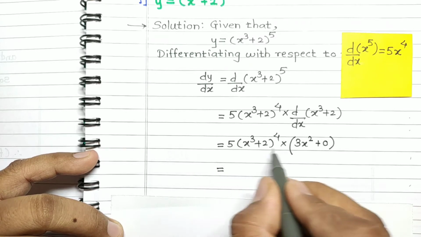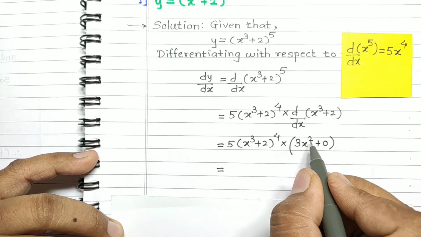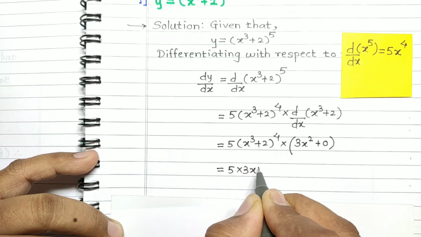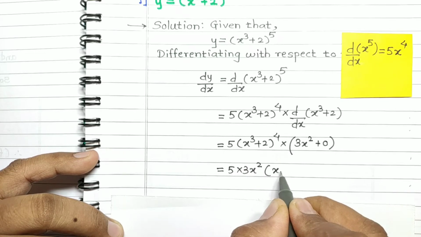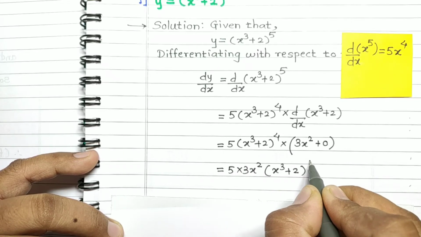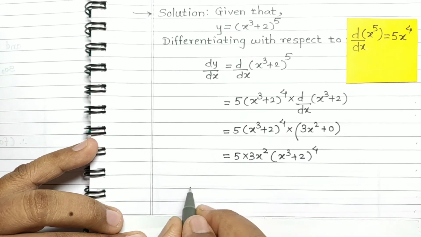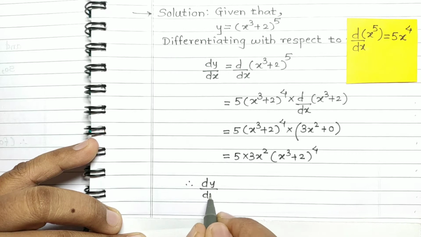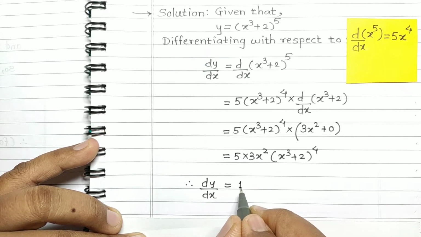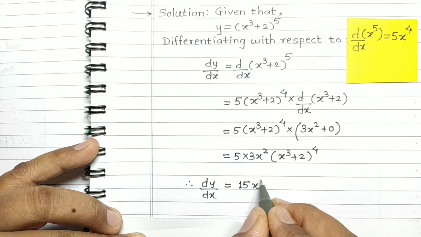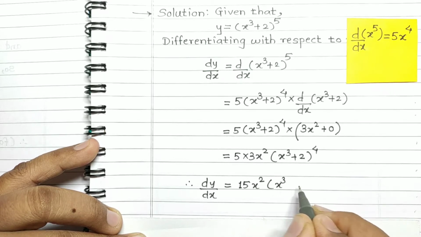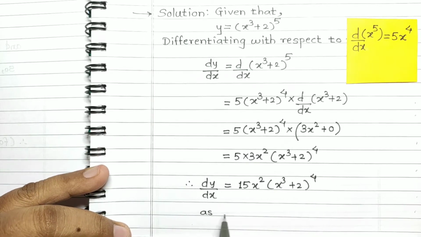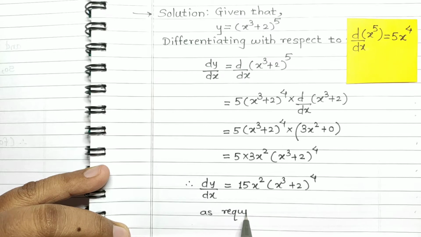Rearranging the terms, 5 into 3x square, we have 5 into 3x square into (x cube plus 2) raised to 4, and therefore finally we have dy by dx is equal to 15x square into (x cube plus 2) raised to 4, as the required derivative.